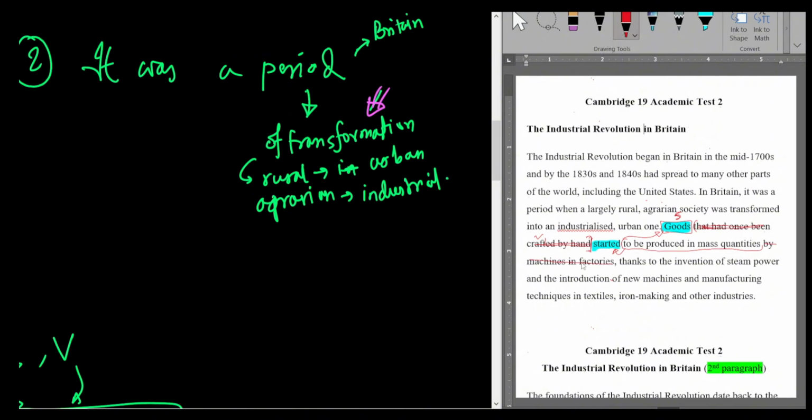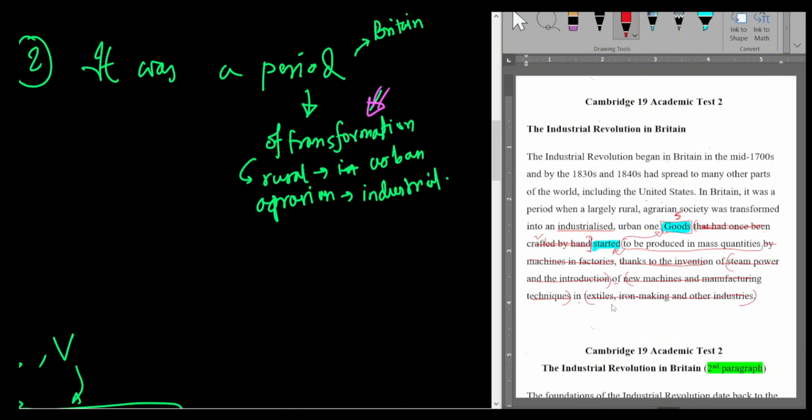Again, this is a preposition and this is a noun. "Thanks to" means "because of," so "because of" is also a preposition. "To the invention," preposition and noun. "Of steam power and the introduction," preposition and noun, so we will not consider it. "And" preposition and noun, so in the initial stage, we will not consider this. "In textiles, iron making and other industries."